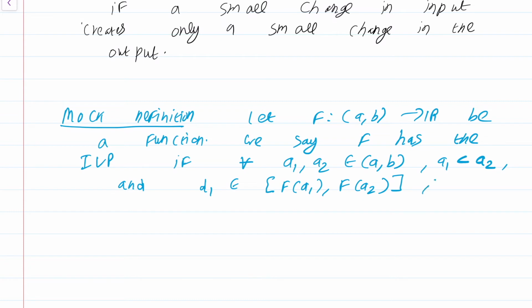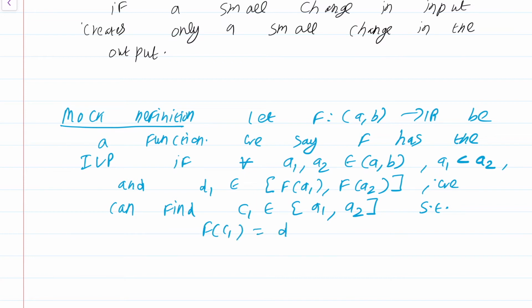we can find c1 in the closed interval [a1, a2] such that f(c1) is equal to d1. Here I am assuming f(a1) is less than f(a2). Otherwise this closed interval doesn't make sense.